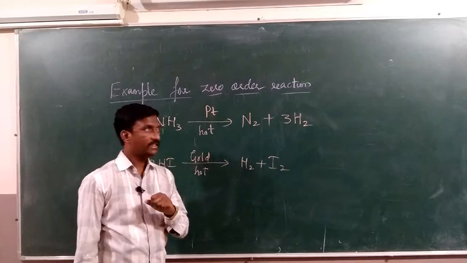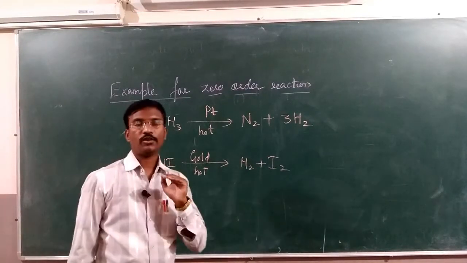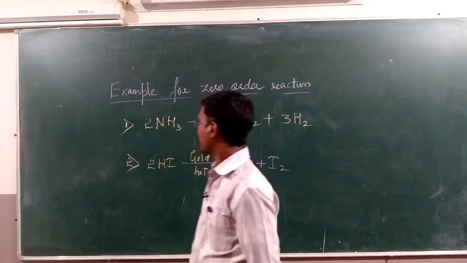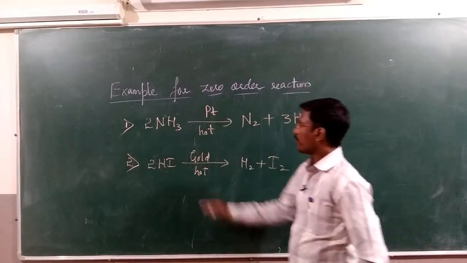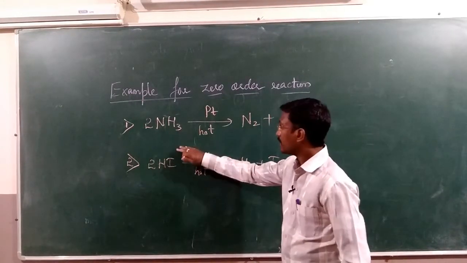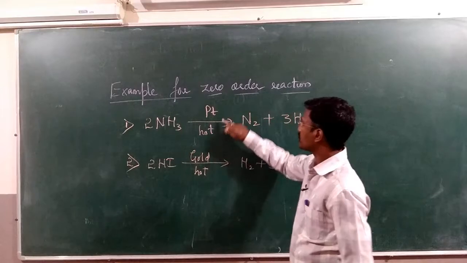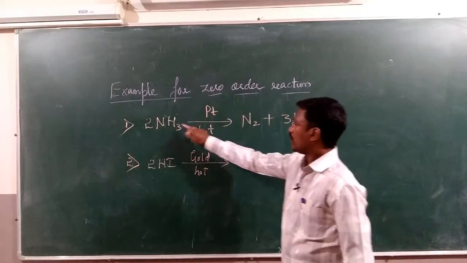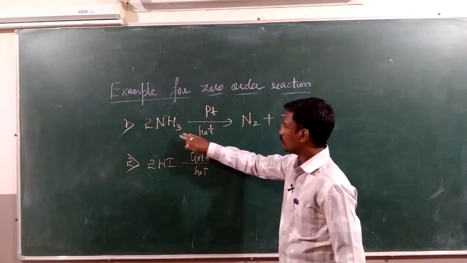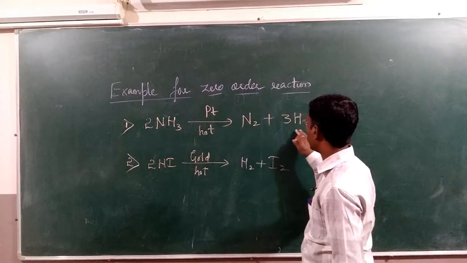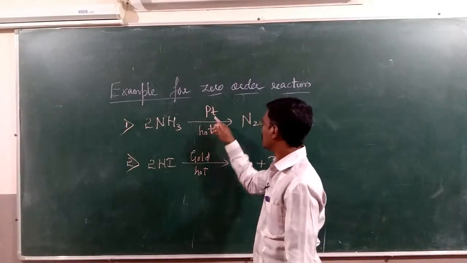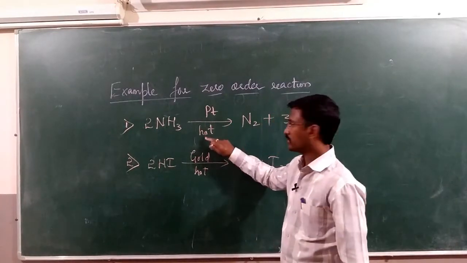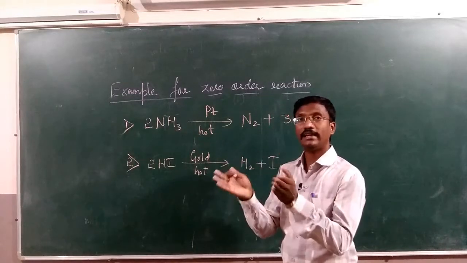So here we see the integrated rate equation for zero order reaction. These are the 2 examples for the zero order reaction. Example 1 is the thermal decomposition of ammonia in the presence of platinum. We are converting ammonia into nitrogen and hydrogen. Ammonia undergoes decomposition in the presence of platinum, which is why we call it thermal decomposition.